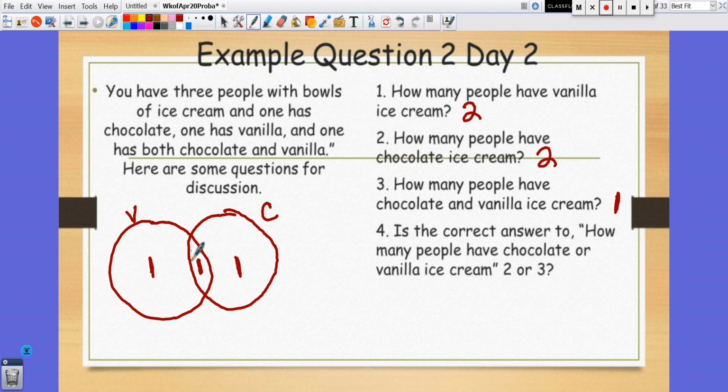So how many people have vanilla or chocolate? Well, how many people do we have in this situation? 1, 2, 3. So the answer here is going to be 3. There are 3 people that we're dealing with in this situation. We want to know all of them. Now, normally when we have these, I'll talk about dependent events in a minute.